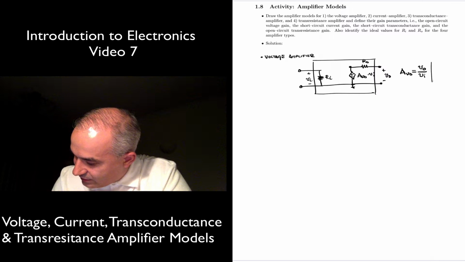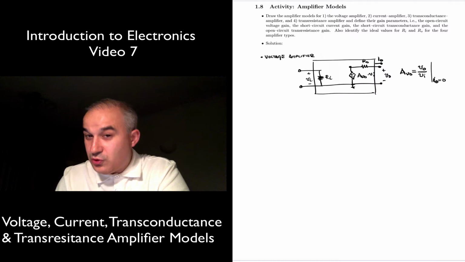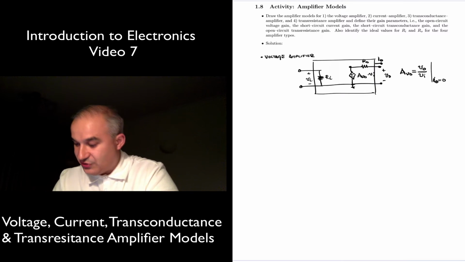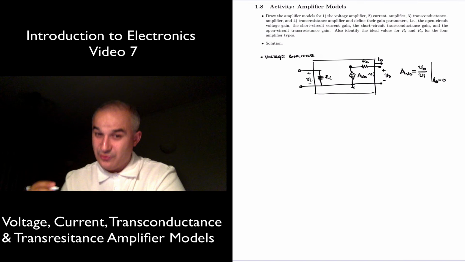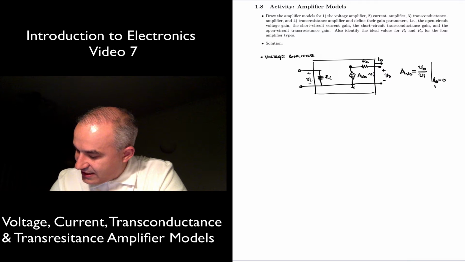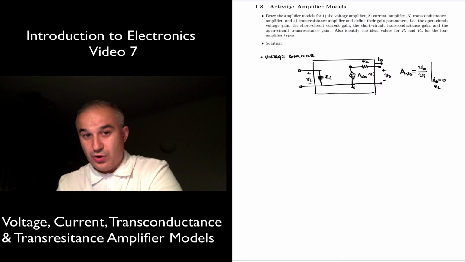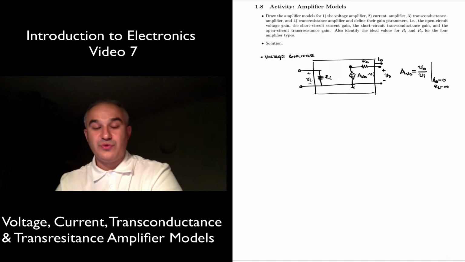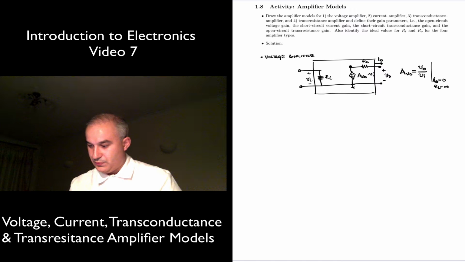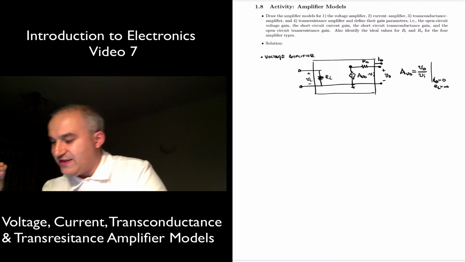One, we can say that the output current, I out, is equal to 0, meaning there is not going to be a voltage drop across the output resistance because the current is 0, and so the output voltage is the same as the voltage across the voltage controlled voltage source. Or equivalently, you can say that RL, the impedance of the circuit that you will connect as the load, is equal to infinity, which, in both cases, is equivalent to disconnecting the load.